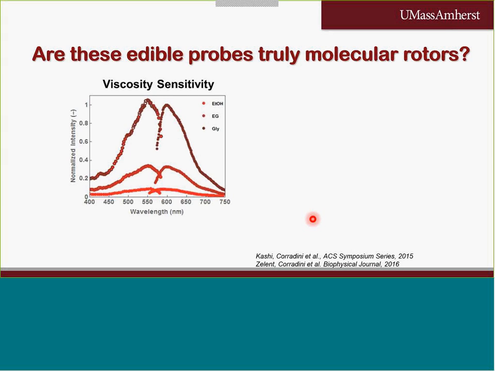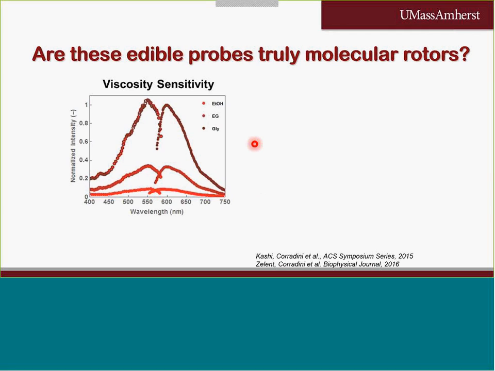So when we see viscosity, this one corresponds to the excitation spectra of Allura red, a synthetic food dye, in ethylene glycol and glycerol. Glycerol at the same temperature has, of course, a much higher viscosity, and of course, the emission is much higher for it.